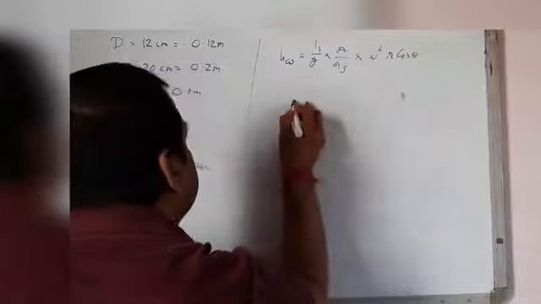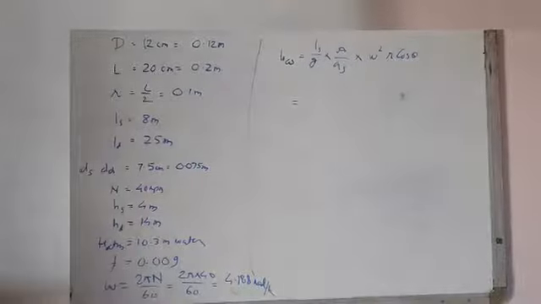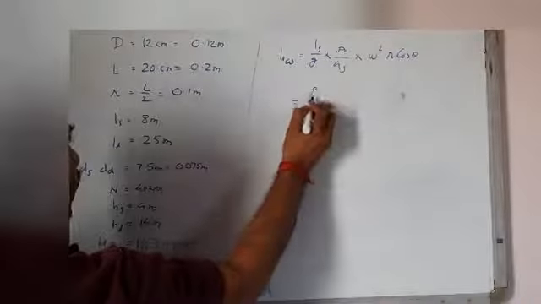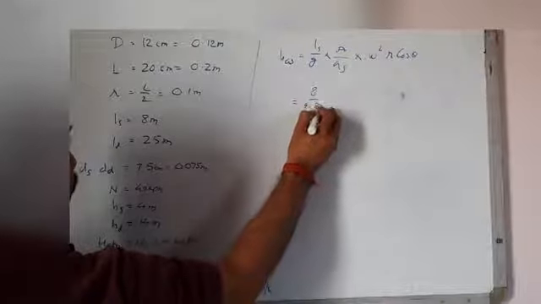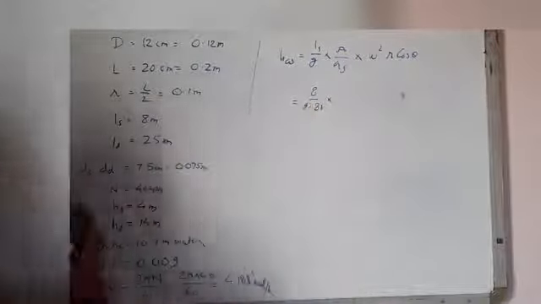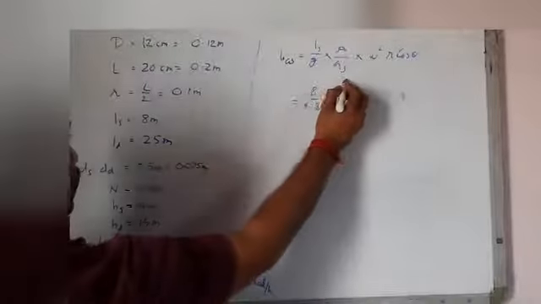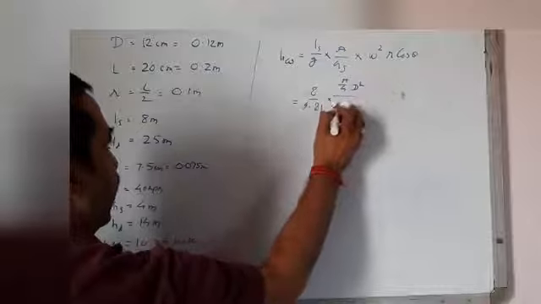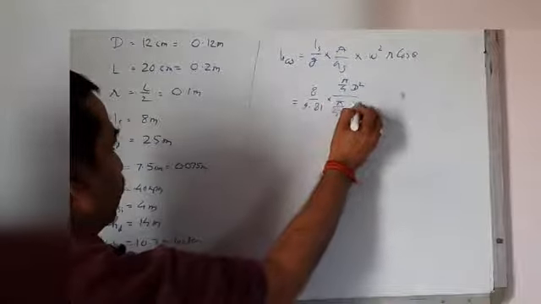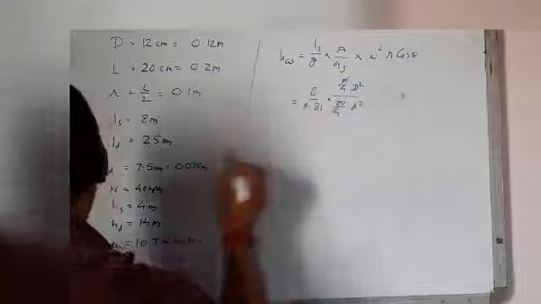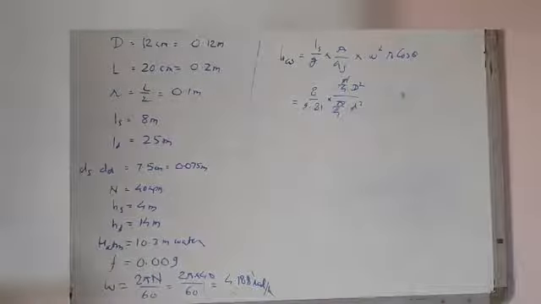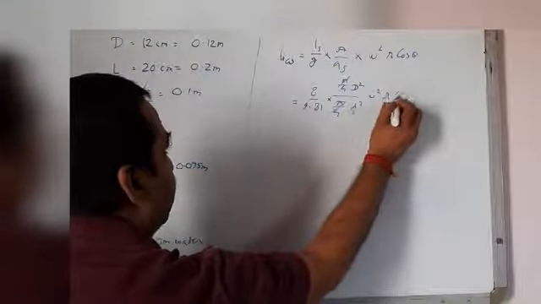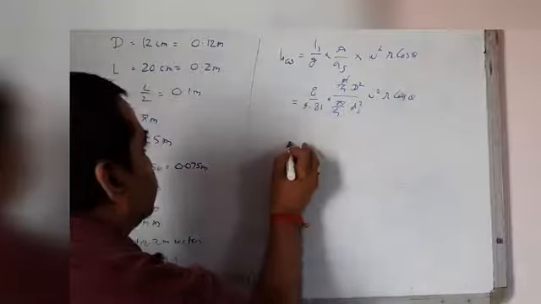Putting the values here, this is 8 by 9.81 into pi by 4 d square by pi by 4 ds square, omega square r cos theta.